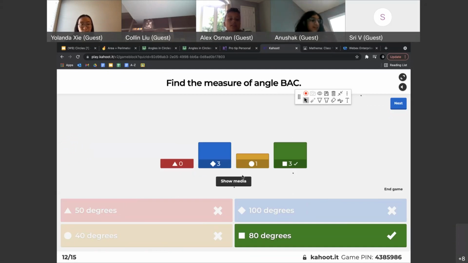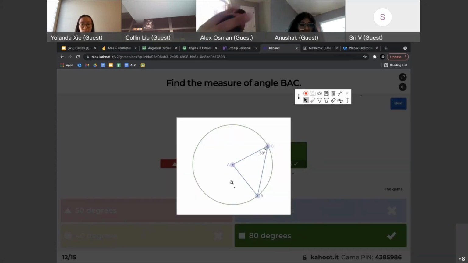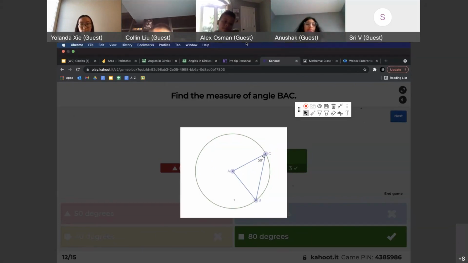You need one more time on this. I knew it wasn't 100 degrees because then the other one would be 30 degrees, and that does not look right. The Kahoot just decided to go, nope, sorry, time's out. Yeah, same. The moment I realized I can zoom in on the Chromebook, it's like poof.